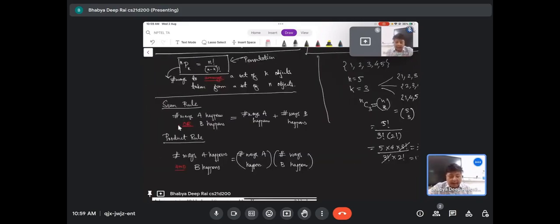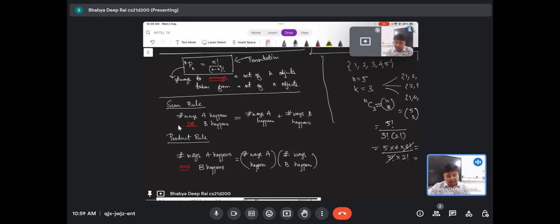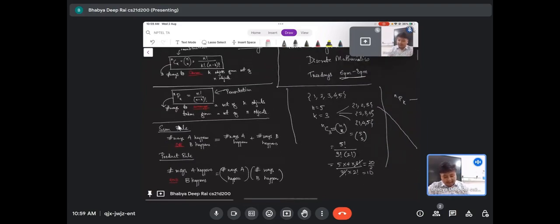That is all well and good. Now we look at what are called the sum rule and product rule. Often we encounter situations where we do not directly know the answer. It is not as simple as choosing 3 objects from 5 objects; often it is a combination of several events. Let's say I count the number of ways that a certain event A happens, and I count the number of ways that B happens.